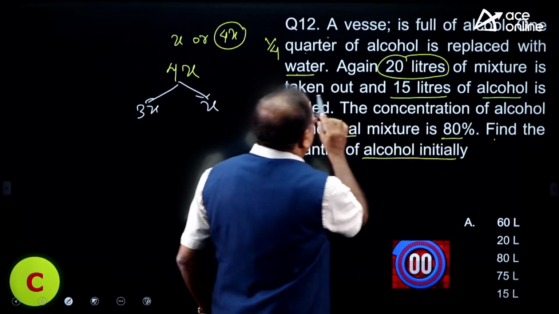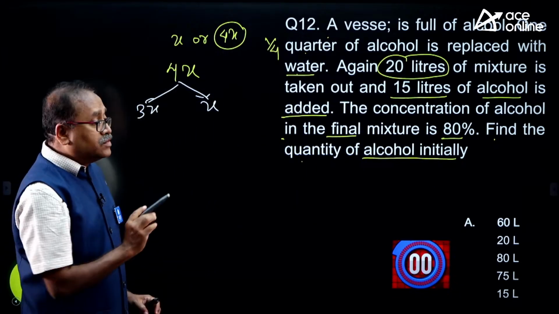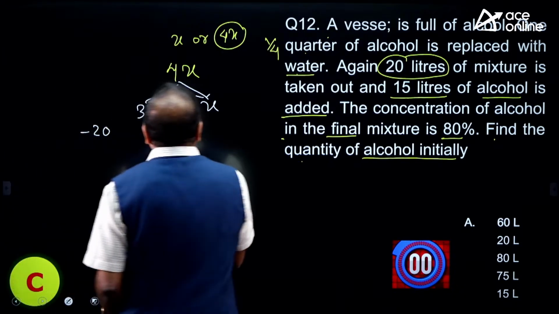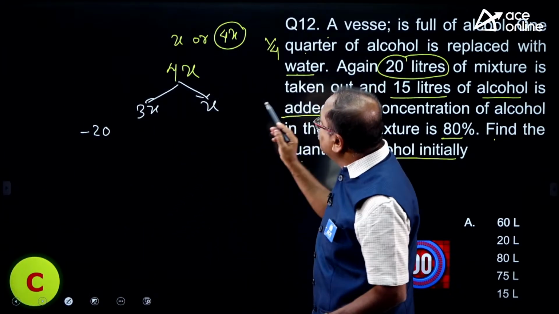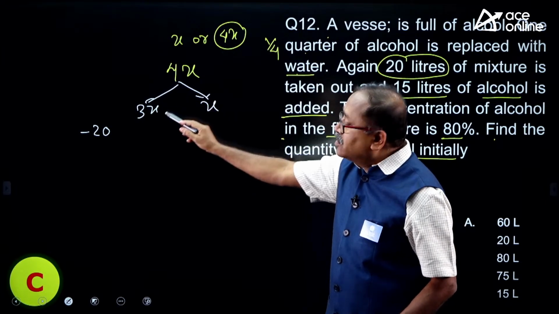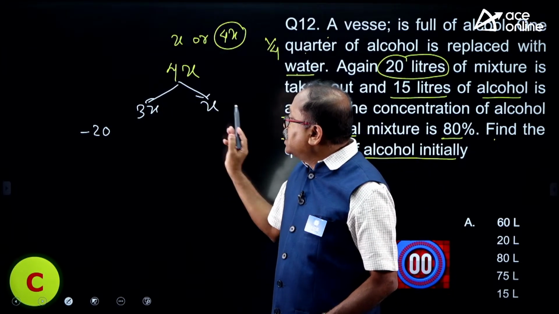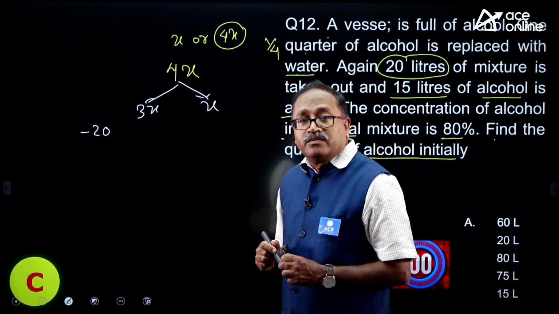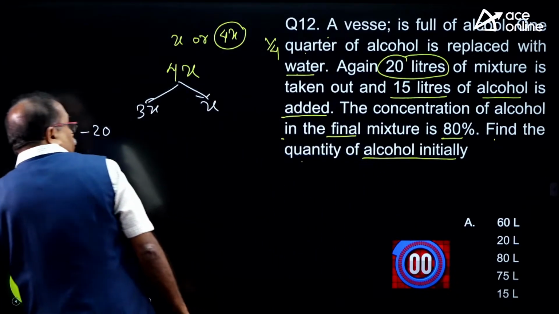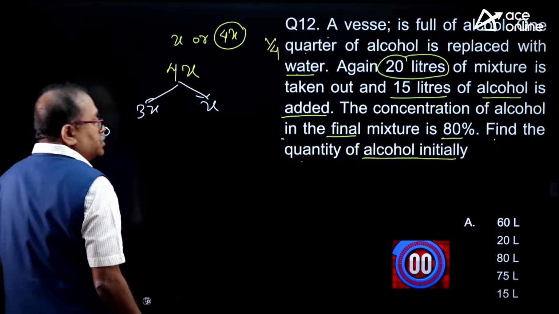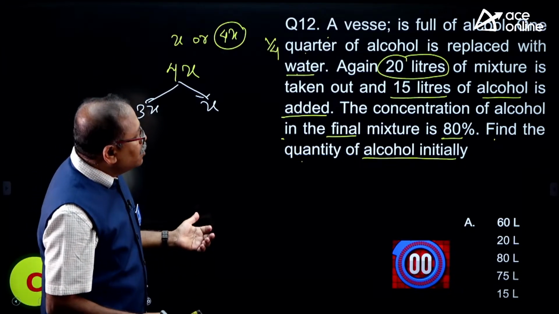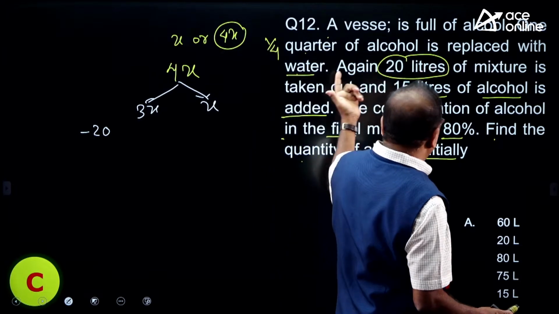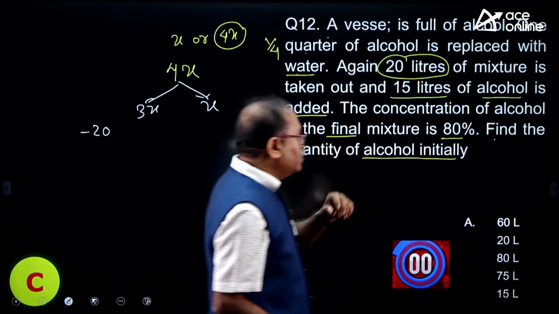20 liters of the mixture is taken out. If you are taking out the 20 liters of mixture, then you are taking some out of the alcohol and some out of the water, in the ratio 3:1, right?